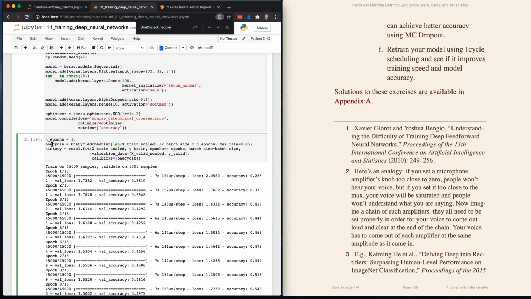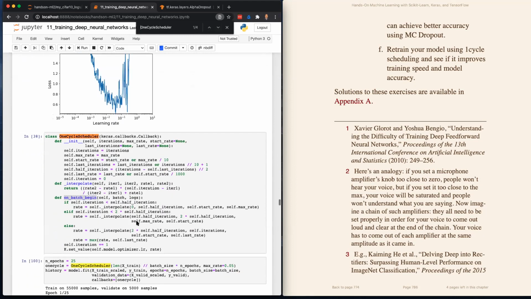What this one cycle scheduler is sending or fetching, we need to go and figure out. Do you have any idea? No. I would have to see that on batch begin function and try to understand. So that's the function that gets called before starting each batch.